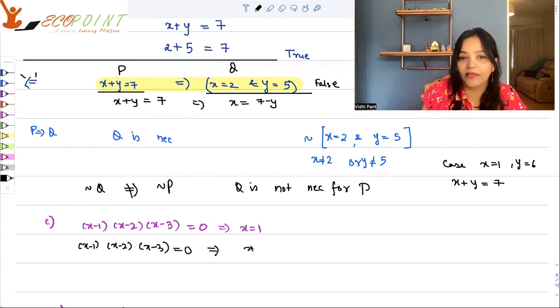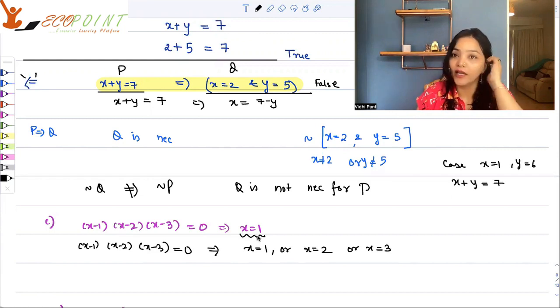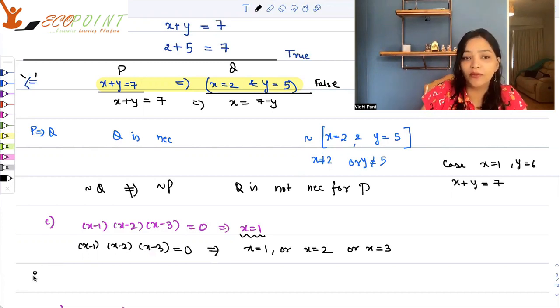You will get that x could be 1 or x could be 2 or x could be 3, okay? What our right-hand side is just x equal to 1. In other words, again, if I talk about necessary, is x equal to 1 a necessary condition for this product to be equal to 0? No, it's not necessary.